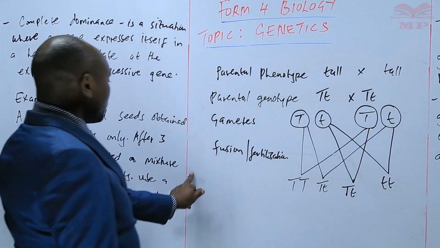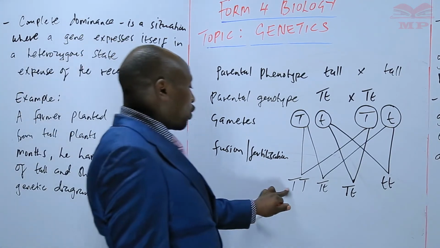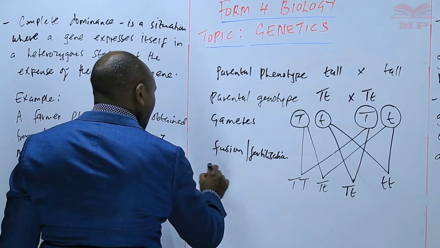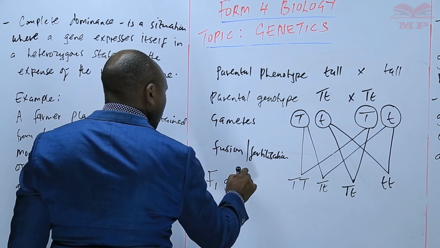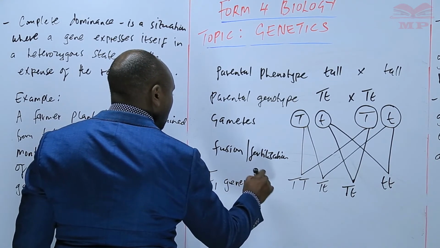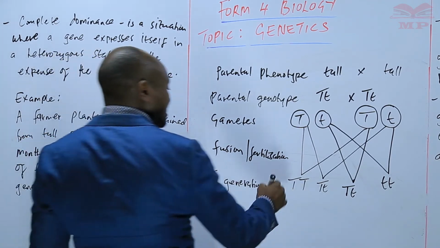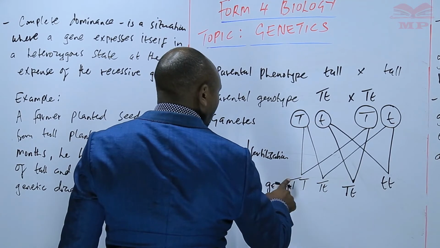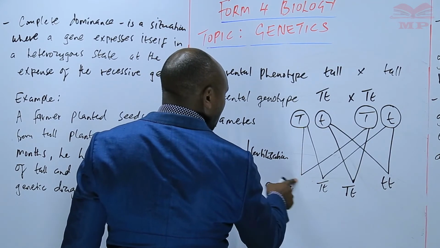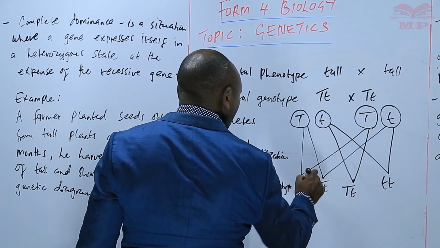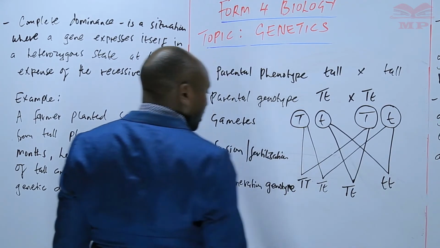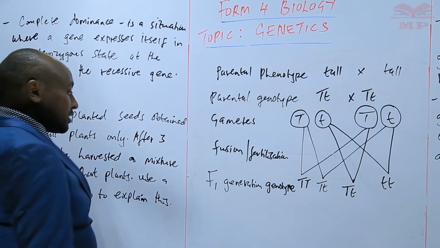So we refer to these offspring as the first generation, which we call the F1 generation. And because we are using letters, we call it the genotype. F1 generation genotype was as that.